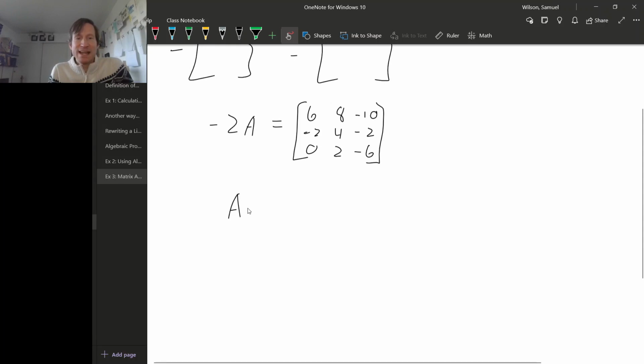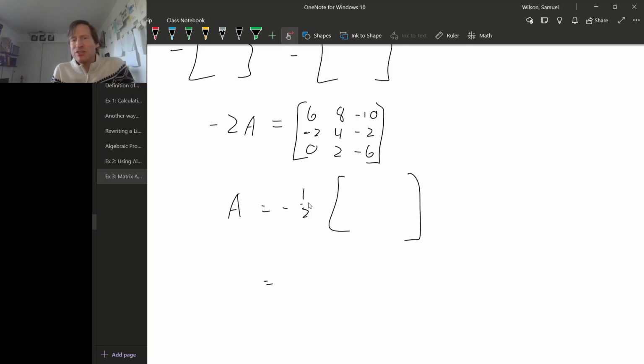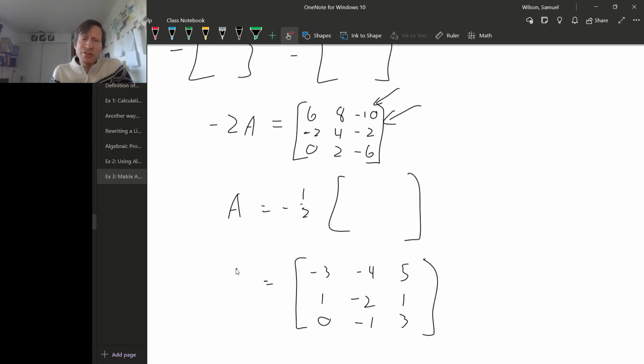So we get A equals minus 1/2 times this whole matrix, and we can do this scalar multiplication. All these entries turned out to be even, so dividing by 2 is nice. It's almost as if someone arranged for all of these numbers to come out even. So 6 times minus 1/2 is negative 3, and then negative 4, positive 5, positive 1, negative 2, positive 1, 0, negative 1, and 3. So there's our matrix A.